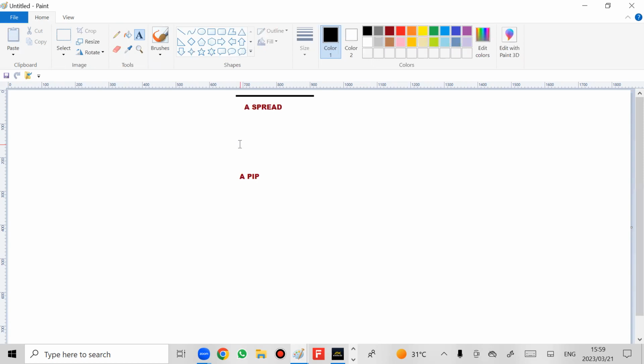The meaning of spread is entirely the commission which is charged by the broker. Do you know the broker? We talked about the brokers. The broker is not a trading platform.